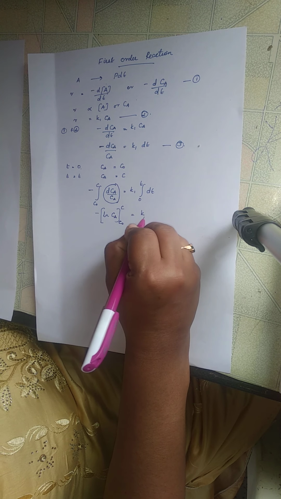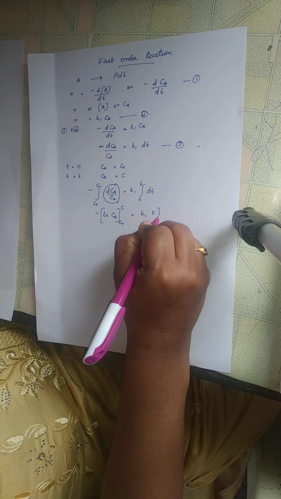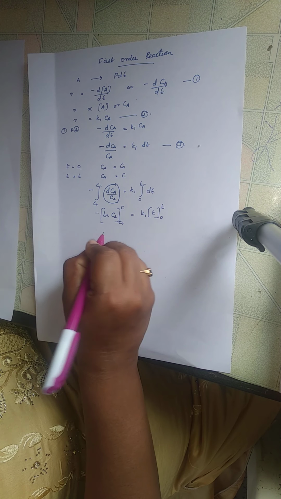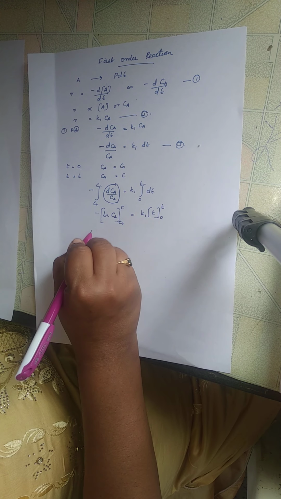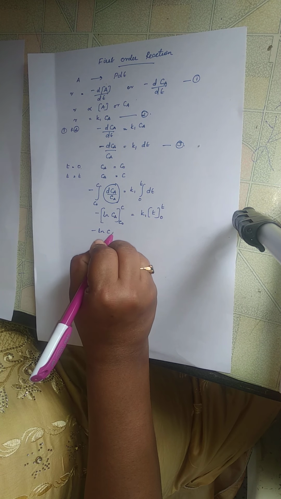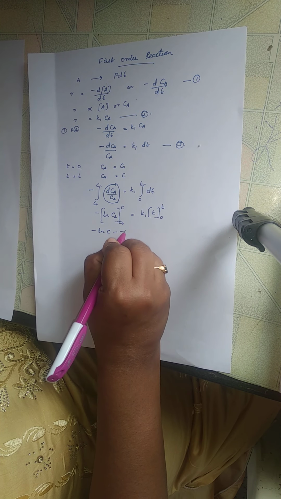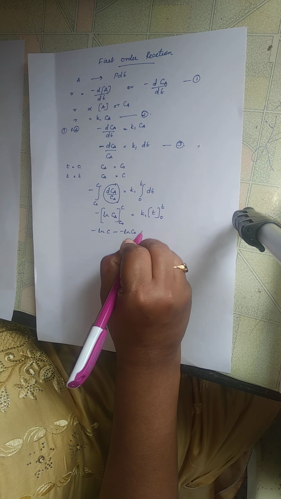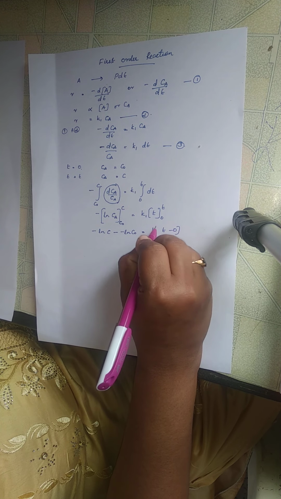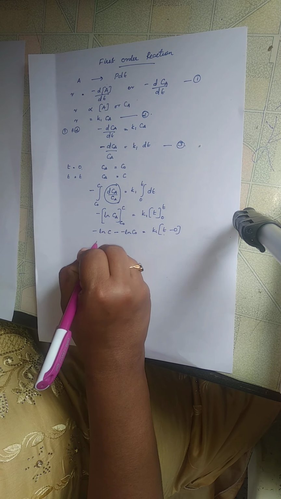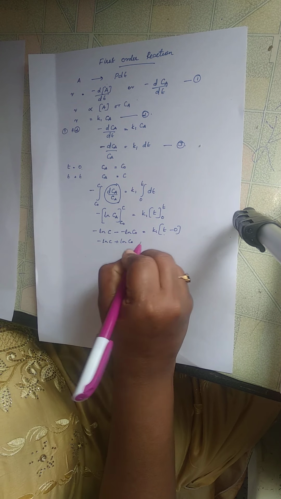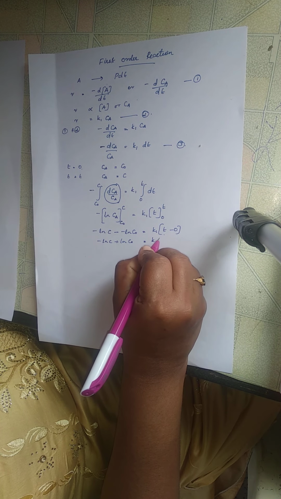Again, integral dt is t, and putting the limits 0 and t: minus ln C minus ln C0 is equal to K1 into t minus 0, or minus ln C plus ln C0 is equal to K1 into t.